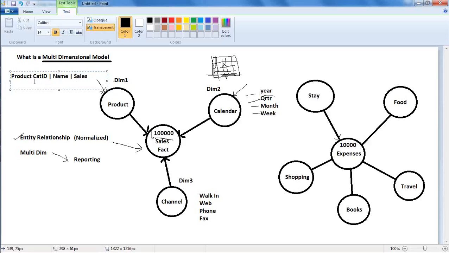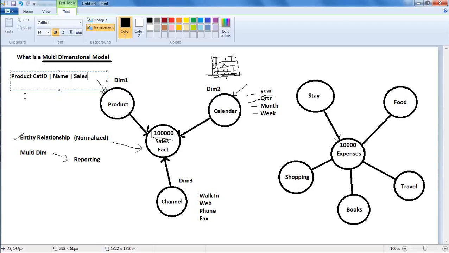Now if you see here, category ID, category name, in my entire store products, I may have say 10 categories or 20 categories max, which means my category information is only 20 rows, where I have 20 different types of categories. But if I look at my sales across my year, it could be a billion records or a million records.